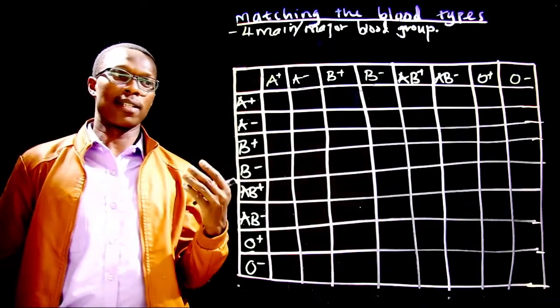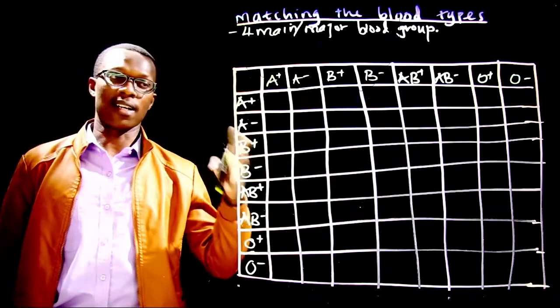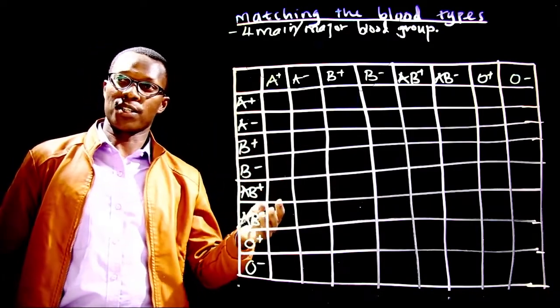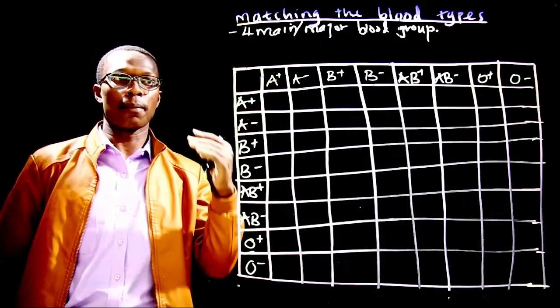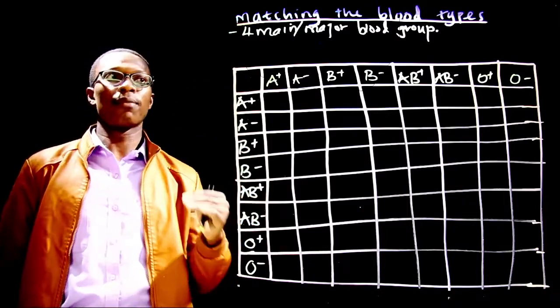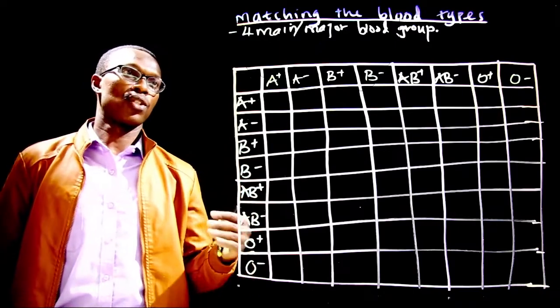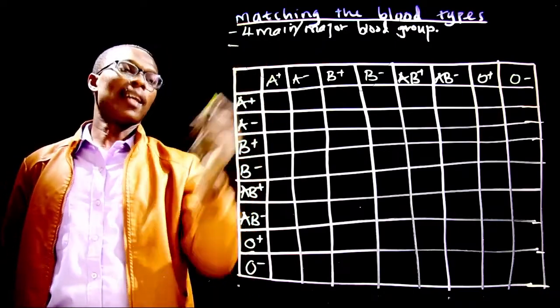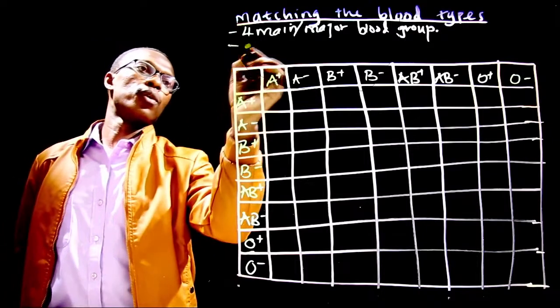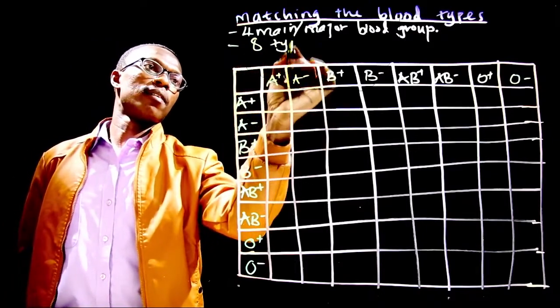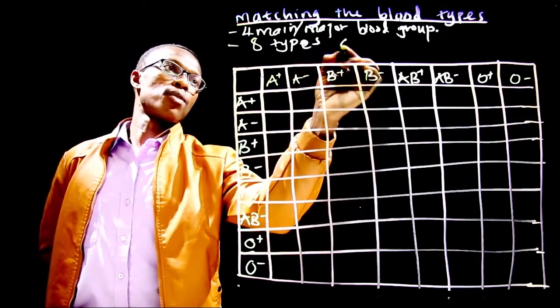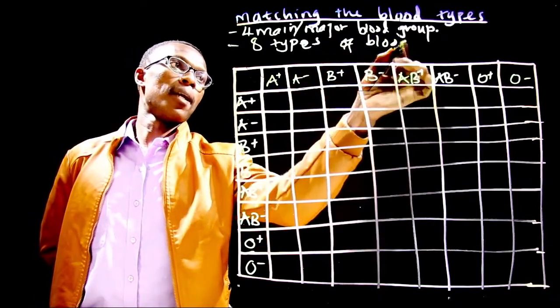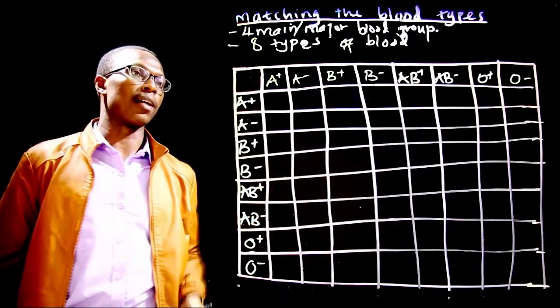Remember, we were discussing the blood donor and the blood recipient, but from those we can still break it down further so that we can have the 8 types of blood. So we can simply say we have 8 types of blood.